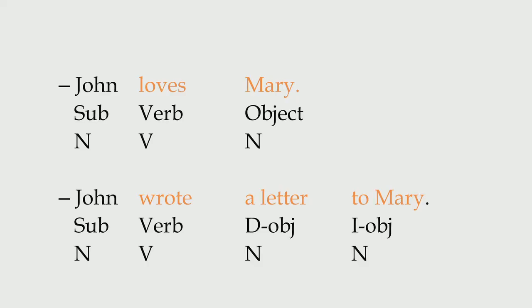So we have three parts: subject, verb and object, where verb and object are part of the predicate and the subject remains external to the predicate and remains a separate element. So the notion of subject and object, subject and predicate are part of grammatical relations.